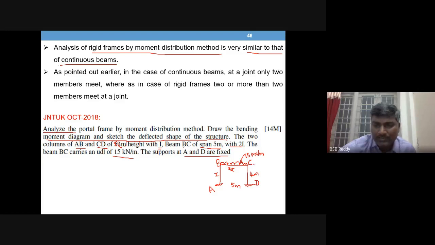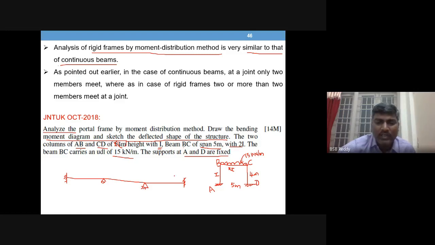It is a portal frame, but I'm just drawing an equivalent diagram for analysis purposes, with a continuous support assumed.